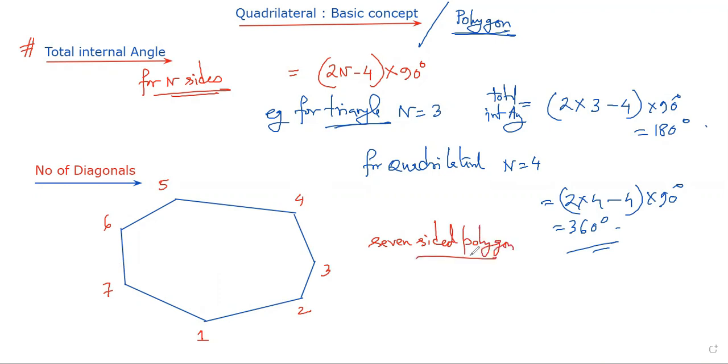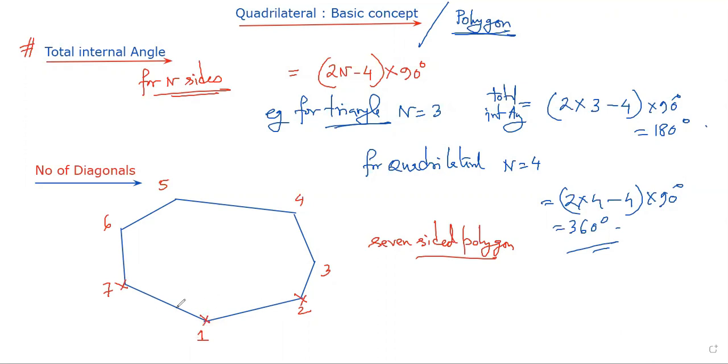In that polygon, if I want to find out the number of diagonals, what will I do? From any one of the vertices, 1, 2, 3, or any one, how many diagonals will I be able to draw? From 1, I cannot draw a diagonal to 2, cannot draw a diagonal to 7, as well as itself.